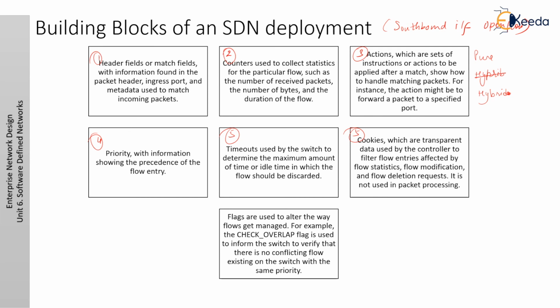It is not used in packet processing. And the last one is flags, which are used to alter the way flows get managed. Like the check_overlap flag is used to inform the switch to verify that there is no conflicting flow existing on the switch with the same priority. So these are the building blocks of SDN deployment.